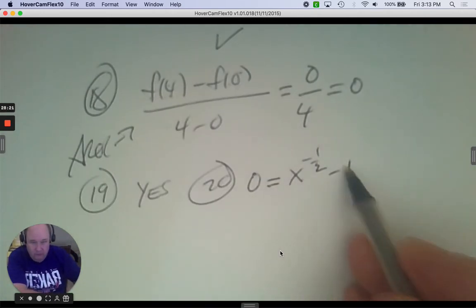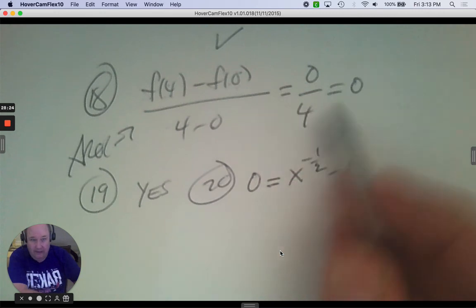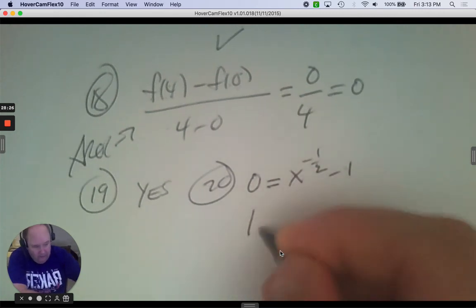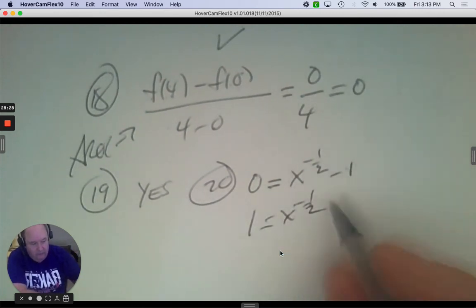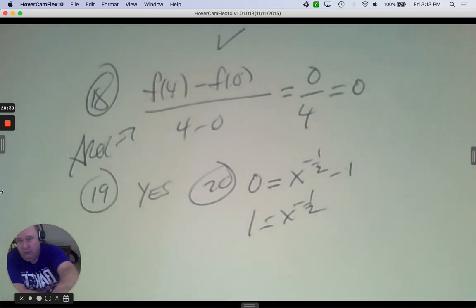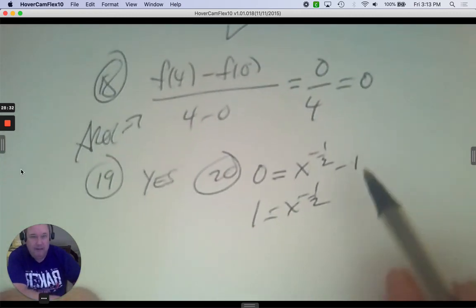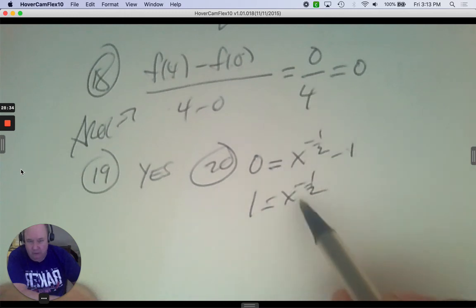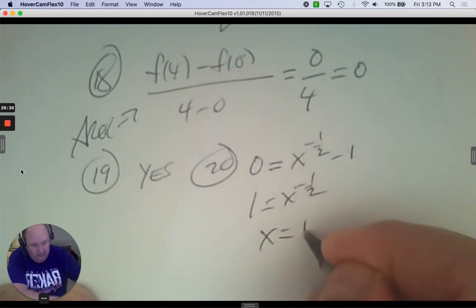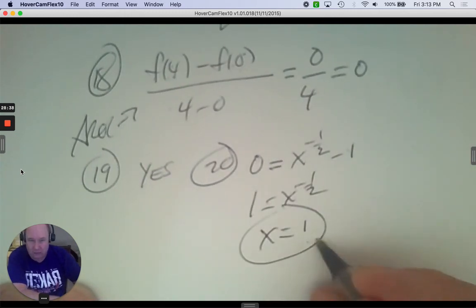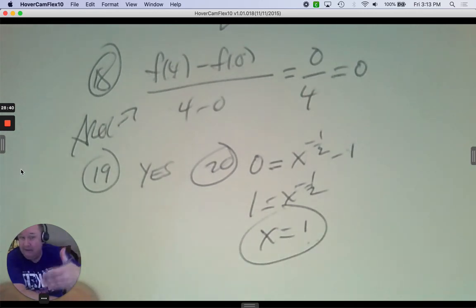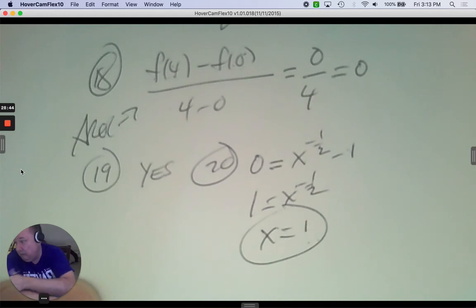So the first derivative equals the average rate of change, and then solve it. I already solved this equation like 3 questions back. This helped find the maximum. So if you set it equal to 0, add 1, we solved this already. So it occurs when x equals 1.